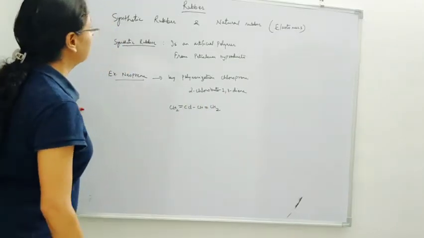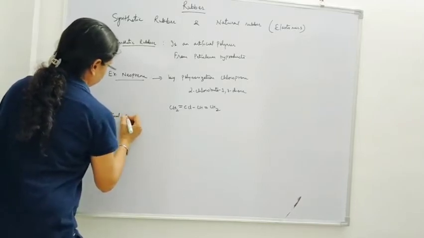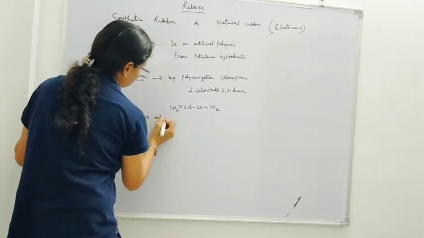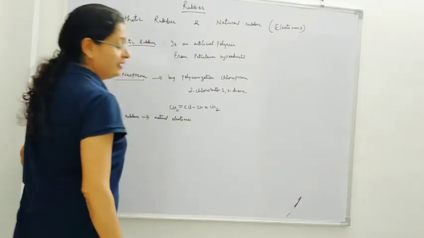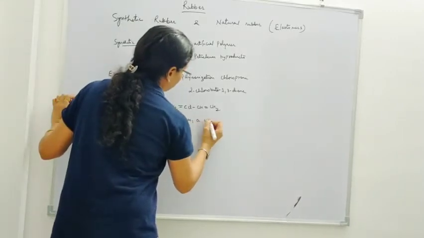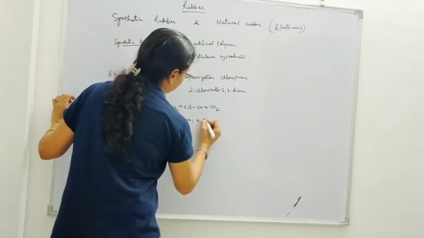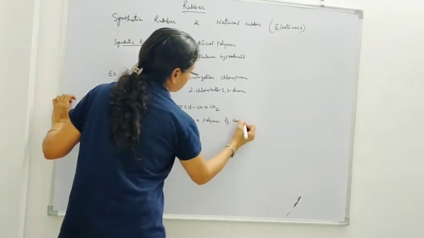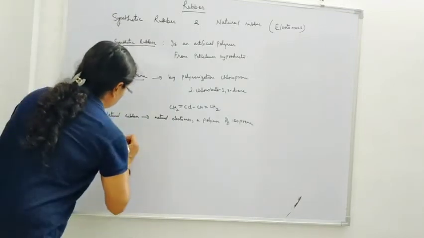Now next, coming to our natural rubber. It is obviously an example of natural elastomer. And it is a polymer of isoprene. Now what is isoprene?